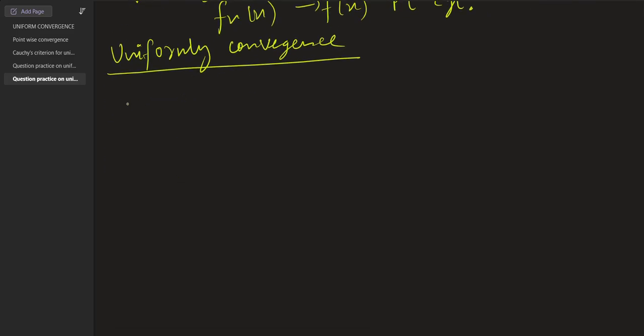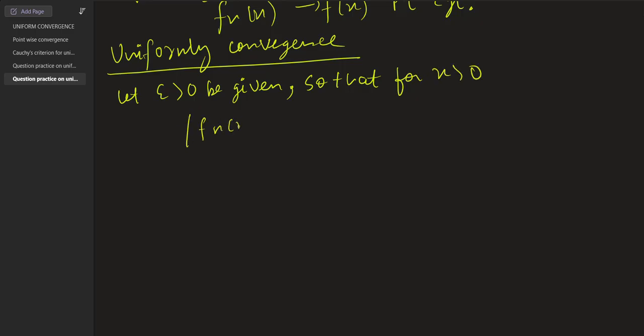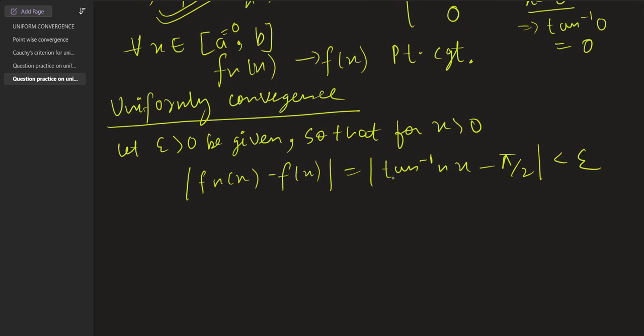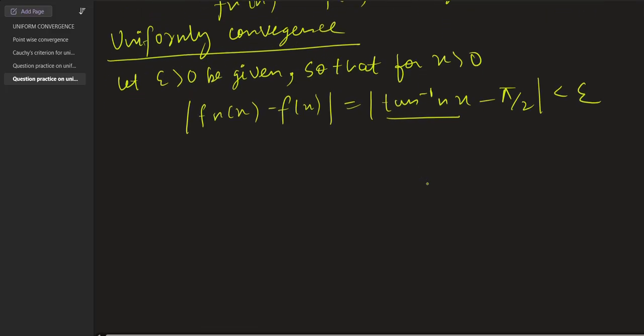Again same, let epsilon greater than 0 be given, so that for x greater than 0, same condition: |fn(x) - f(x)| equals |tan inverse nx - pi/2| is less than epsilon, where pi/2 is f(x) here and tan inverse nx is given in your question.